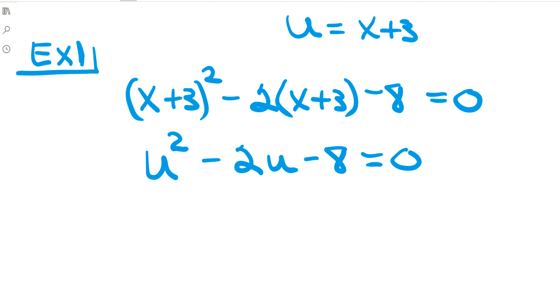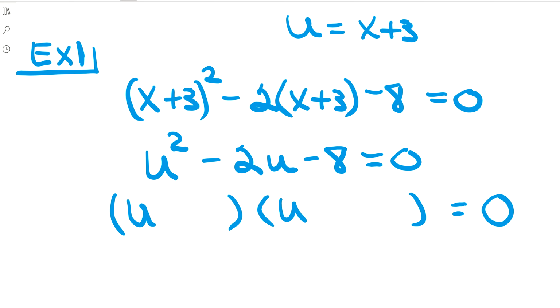Then I'm going to factor this in terms of u. The same methodology I taught you: the lead coefficient is 1, so I'm just going to factor this like I know how. Minus and plus, and then what am I going to have here? A 4 here and a 2 here.